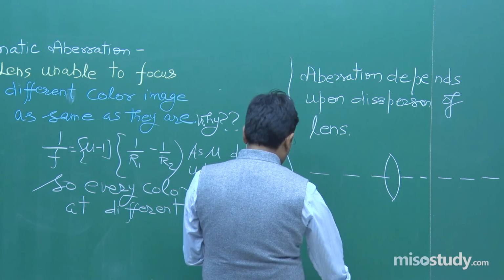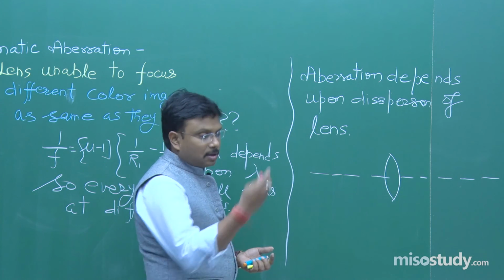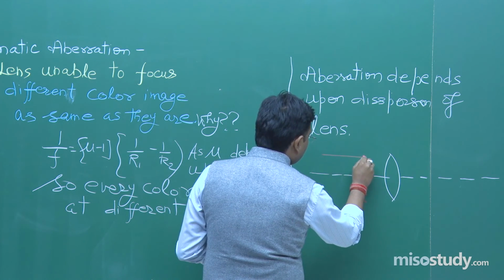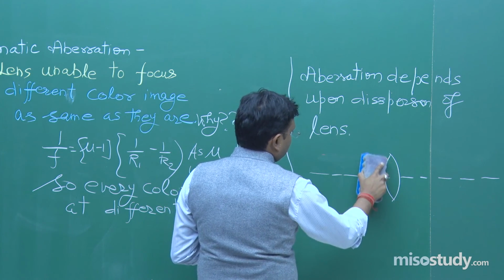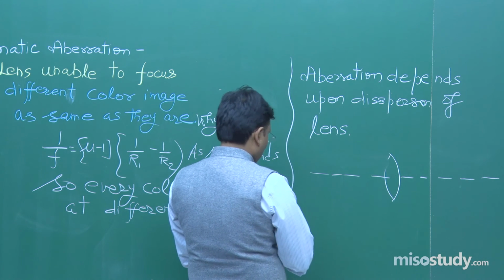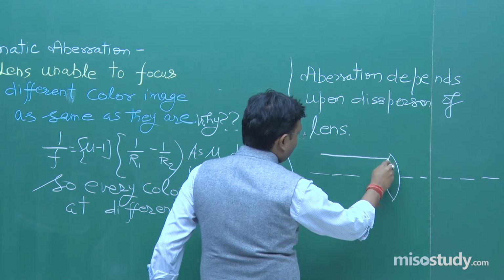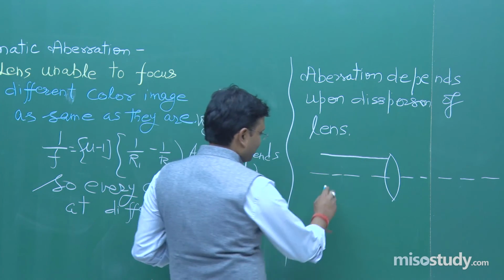I think I should make it simple rather than complicated. Now just take a look. One ray, this is white light.